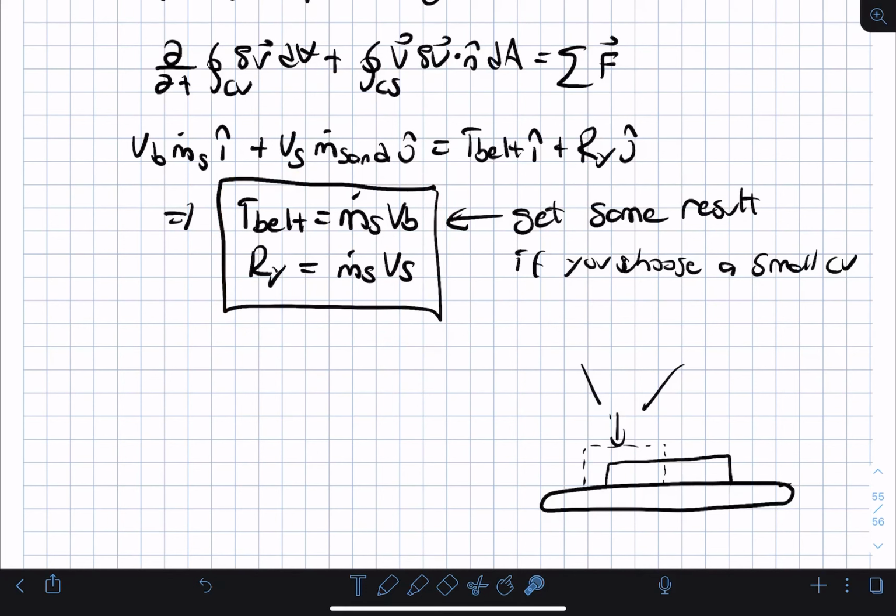Okay, because the belt tension, if we're neglecting friction, should be independent of the control volume that we choose. Okay, and so that's it for this example problem, and I'll be doing quite a few more with conservation of momentum, because these problems, as you're getting used to them, can be quite tricky.